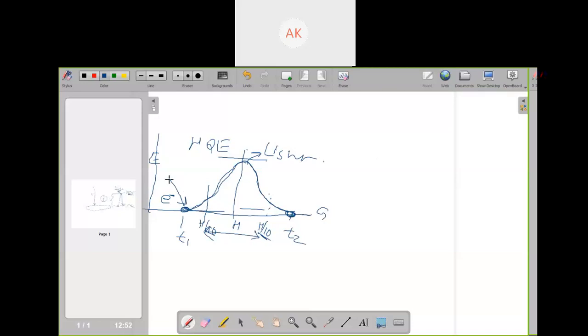Suppose this is the time axis. On this y axis we are showing the energy, and on this x axis we are showing the time. At this time the electron beam hits this phosphorus atom, and as it hits, the energy of the atom increases, because this electron has kinetic energy.